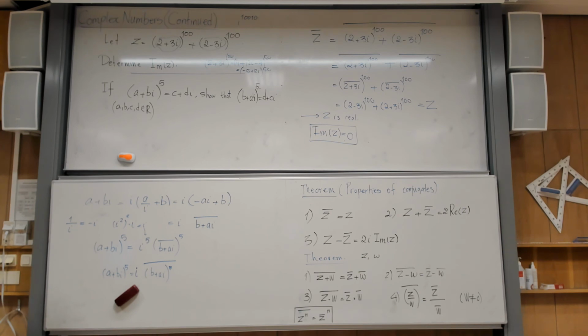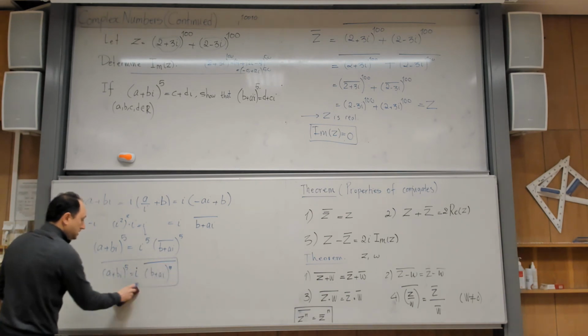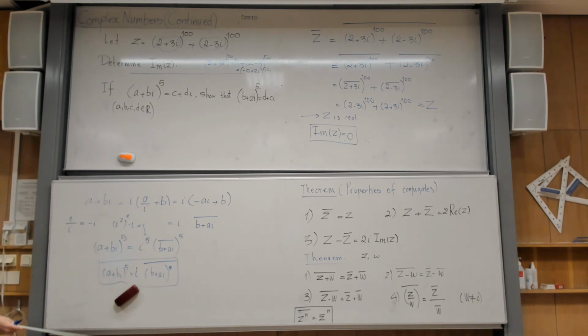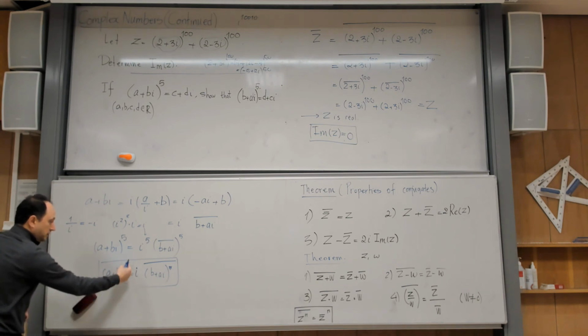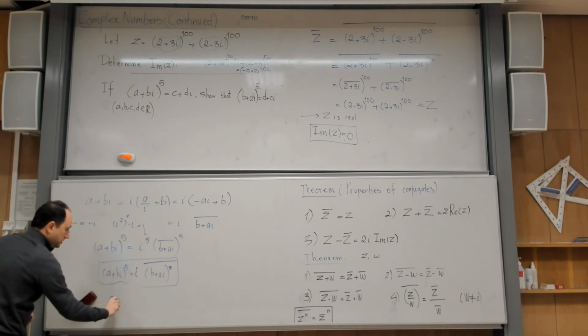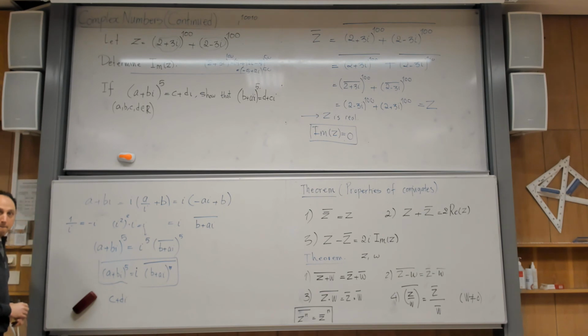Yes? But this is my calculation. This is given to me, that this to power 5 is C plus DI. Yes? So then, instead of this expression, I can write C plus DI. Agree?